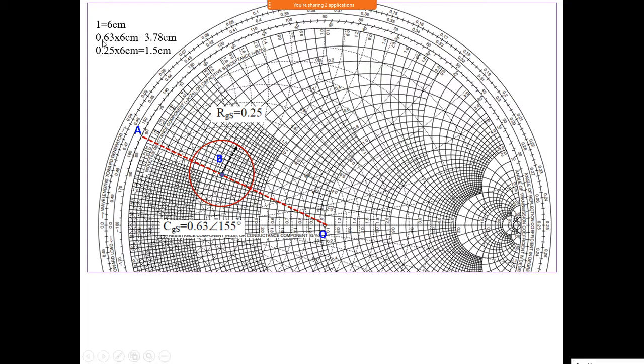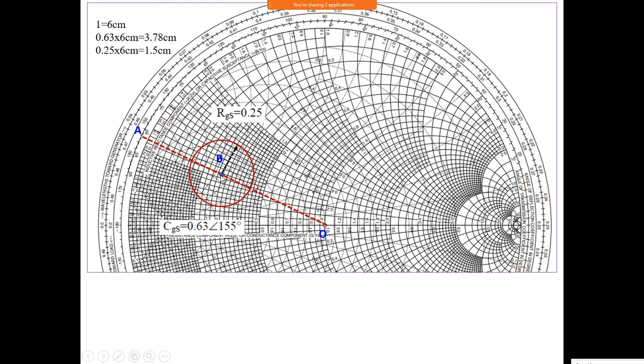But what we have is 0.63. So 0.63 multiplied by 6 centimeters, you will get 3.78 centimeters. Now starting from the center of the Smith chart, you measure 3.78 centimeters and mark.